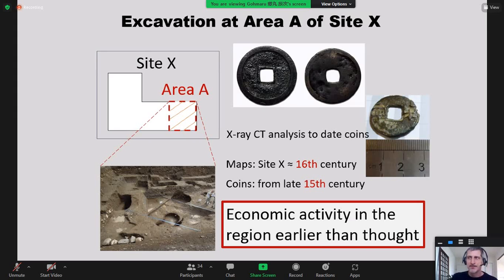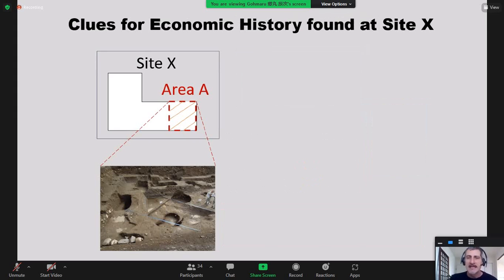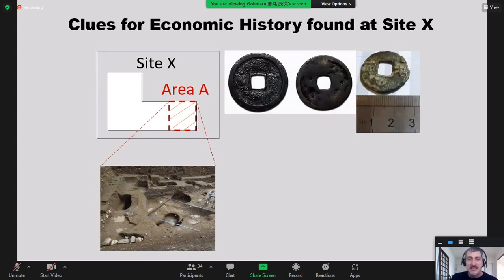Okay, version 2. We made an important finding at Site X that changes our historical understanding of the region. Initially, we only hoped to find archaeological evidence to confirm the dates found on Edo period maps for Site X. But when we excavated Area A, we unexpectedly discovered these coins.